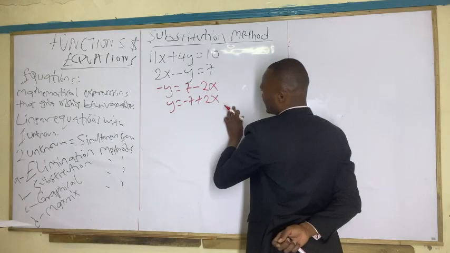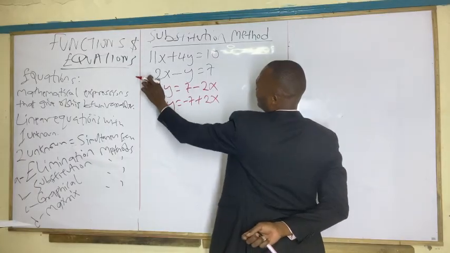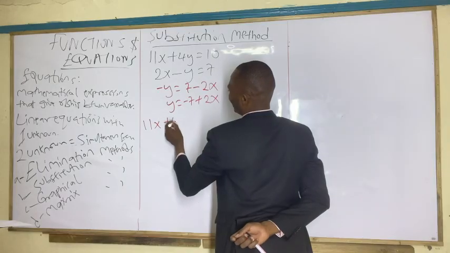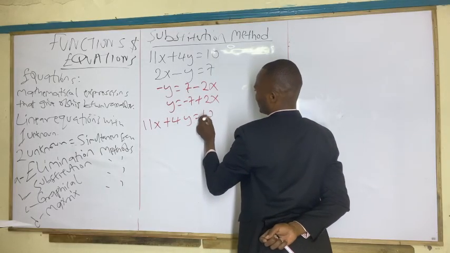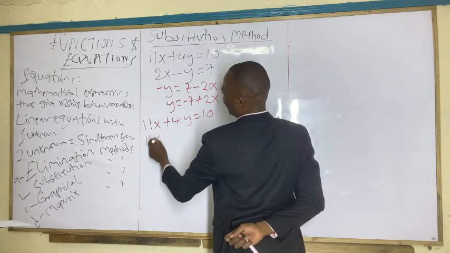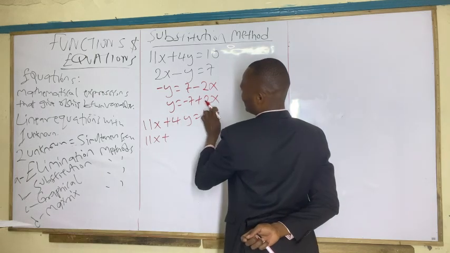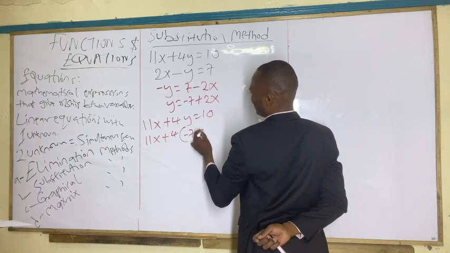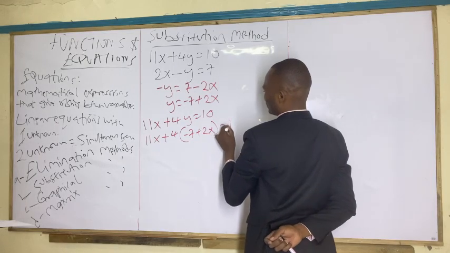Then once we find this, because now we have y, we come and substitute it here. So we say 11x plus 4y is equals to 10. Therefore, 11x plus 4 into negative 7 plus 2x is equals to 10.